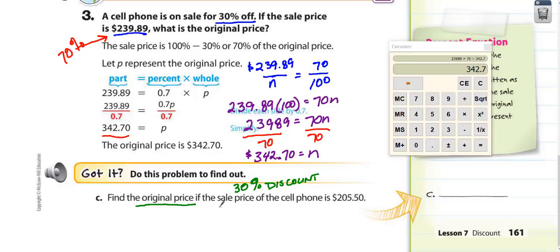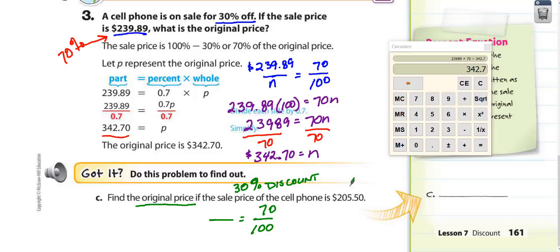All right, so let's take a look at that. I'm going to solve this with a percent proportion because we've gotten really good at these. And that's one of the great things: when you learn a process in math, you can use that process for lots of different kinds of problems. So we're going to use it for this problem. So we know how much the percent is. It's 70.